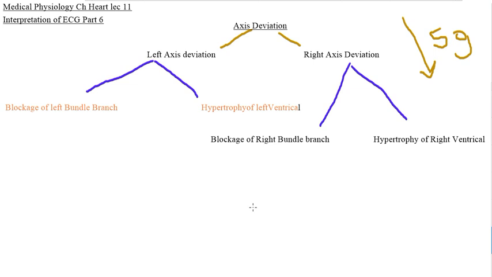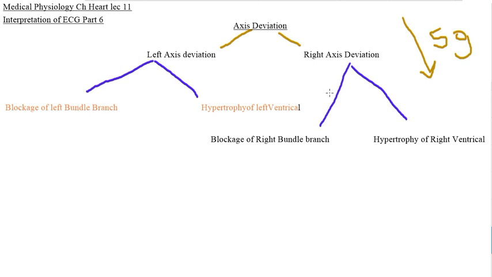I will explain in detail how you can differentiate between these two: whether left axis deviation is because of hypertrophy of the left ventricle or because of blockage of the left bundle branch of Purkinje fibers.